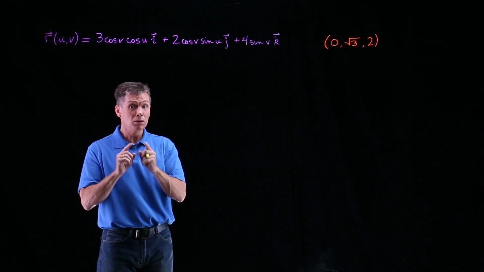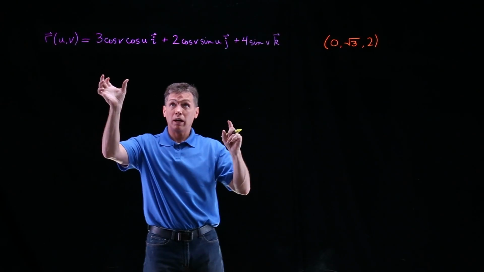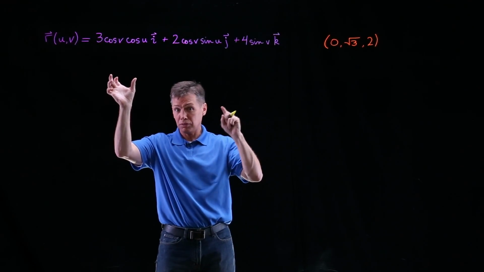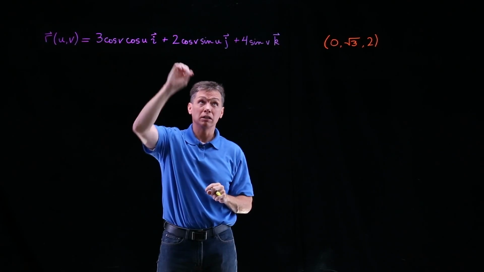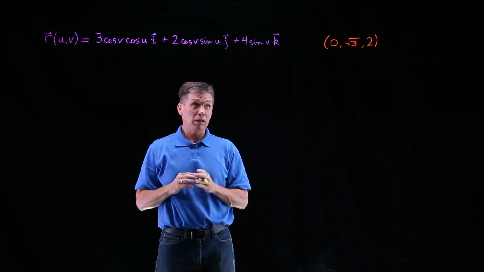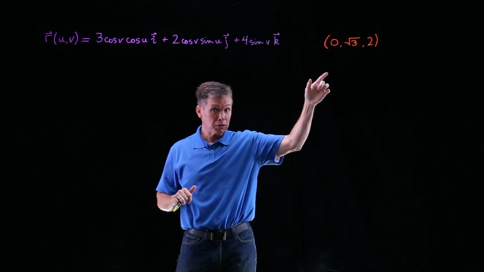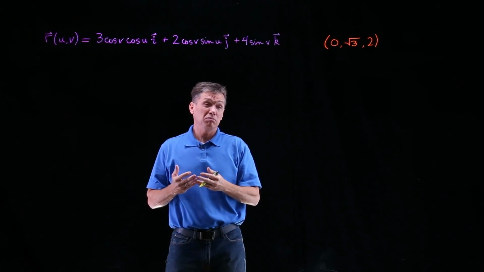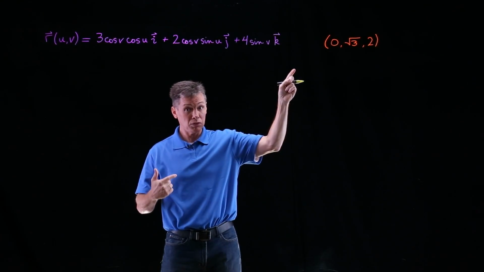In order to do that, we look at the x, y, z coordinates in the function, which you can see from the components of i, j, and k, respectively. Each of those would equal those values for x, y, z. And so you set the expression equal to one of those values and then solve.